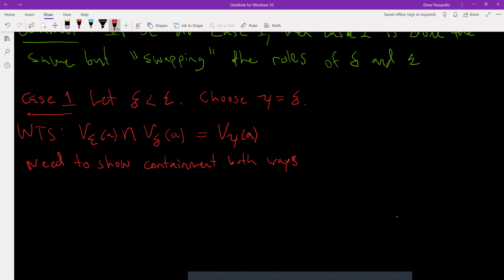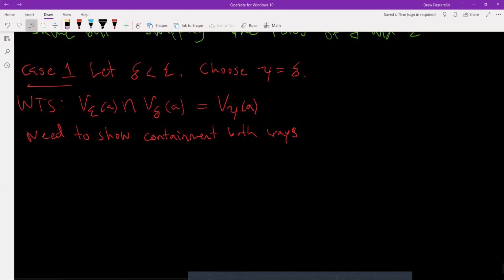All right, so for the first containment, this is case one, so this will be bullet point I. We're going to show the intersection of the two neighborhoods is contained in the gamma neighborhood.